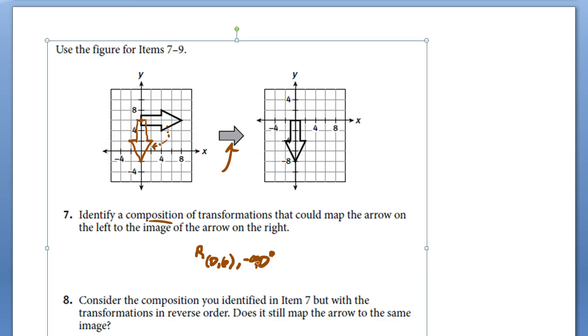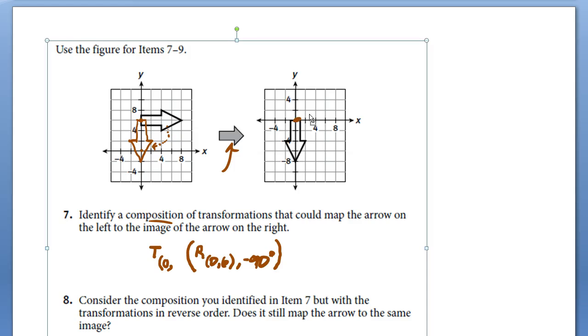Sorry about that terrible writing. And then I'm going to put that in parentheses and now apply a translation, a slide. So that's going to be a capital T, the symbol for translation, and I want to indicate how I'm translating it. We don't need to move it left or right at all, so we're adjusting the x coordinates by 0, but we want to slide it down from the 6 down to the origin, right?